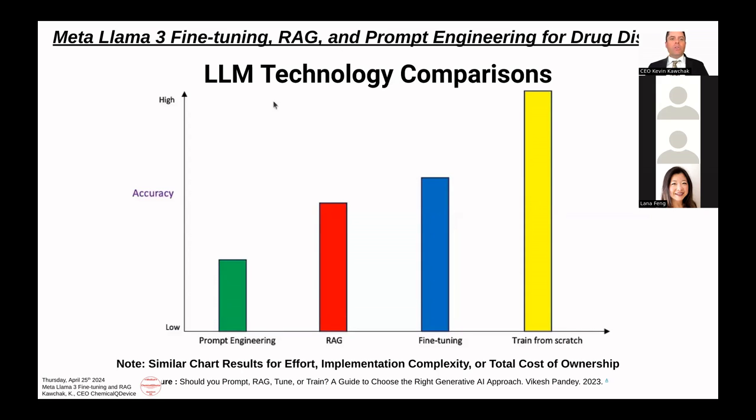Okay. So here's the technology comparisons. I believe these are rough estimates, but they're basically saying this is the amount of accuracy you can get if you use prompt engineering, RAG, fine tuning, or train from scratch. Now, most people, if you were to train from scratch on Llama's 8 billion parameter model, that'd probably be an issue for you, because you're going to lose a lot of that context that the original model had, right?